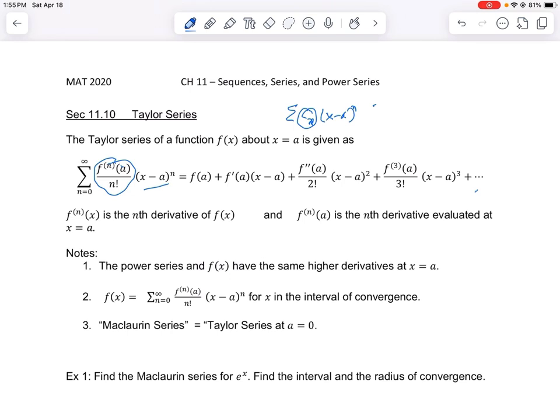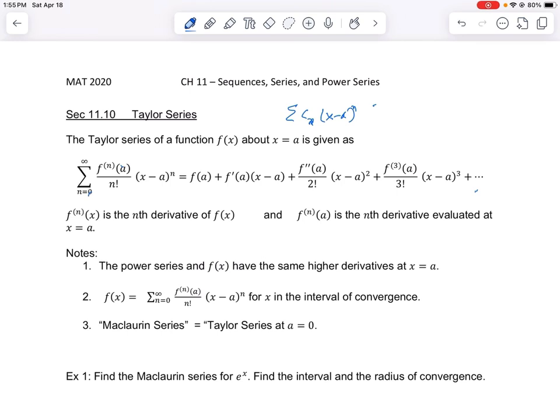So this power series over here with the summation notation is saying n goes from 0 to infinity of f, and then in parentheses I have this number n, f^(n)(a). This n is not the power, it is the derivative, okay, the nth derivative.